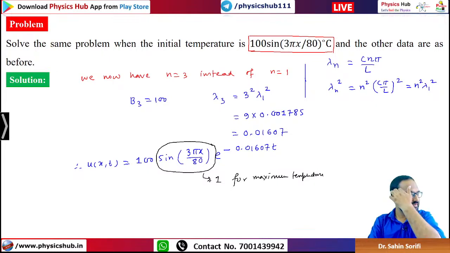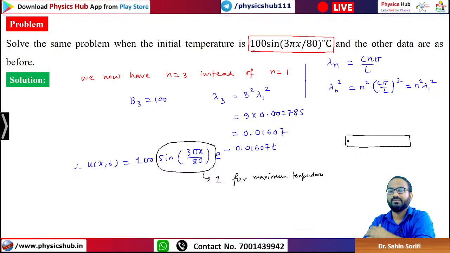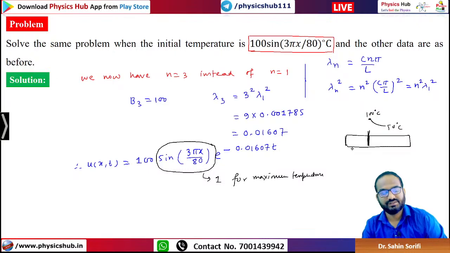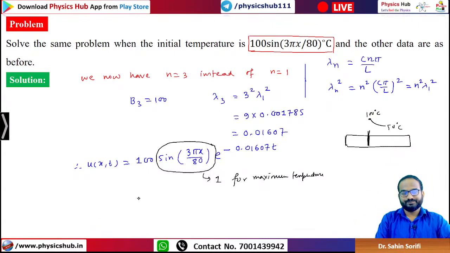It may not appear in the middle, it may appear at some other point, but you need to calculate the time it takes to reduce the maximum temperature to 50 degree centigrade. Here also the maximum temperature is 100, but to reach from 100 degree centigrade to 50 degree centigrade, do you require the same time or different time?